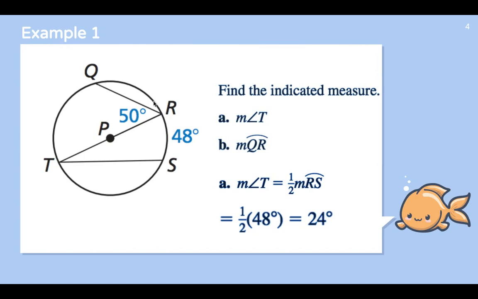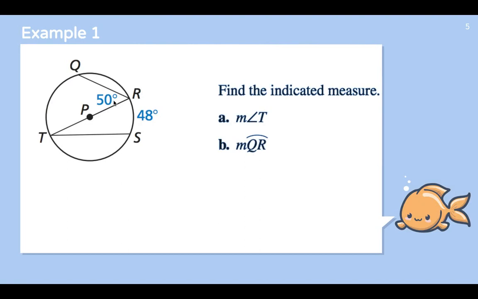Well, if you look at arc QR, notice that this right here, RT, is a chord, a line segment, of the circle that contains the center point P. So what do you think is special about segment RT?